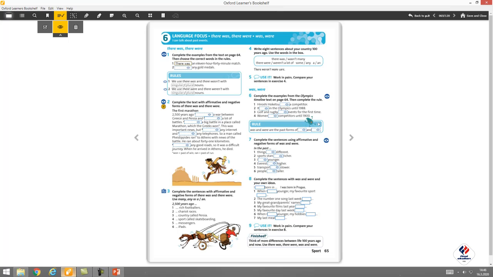Medals is a plural noun, so it should be "there weren't," negative: there weren't any gold medals. So, as for the rules, we use "there was" for positive and "there wasn't" for negative with singular nouns, of course. And we use "there were" for positive and "there weren't" for negative with plural nouns, of course.